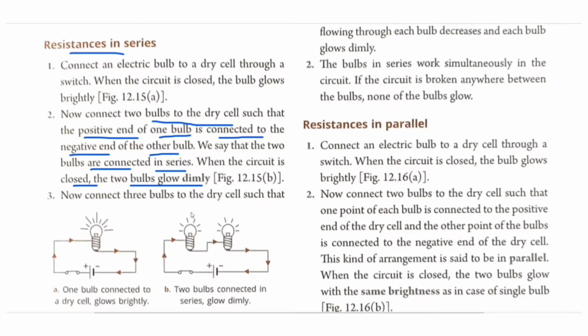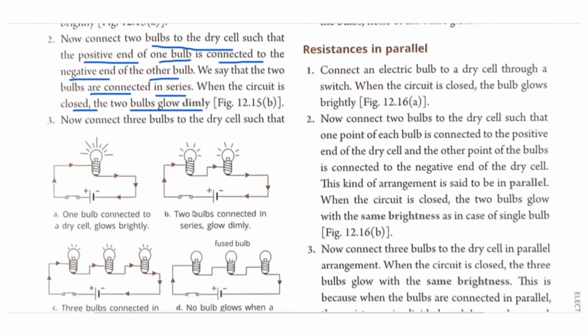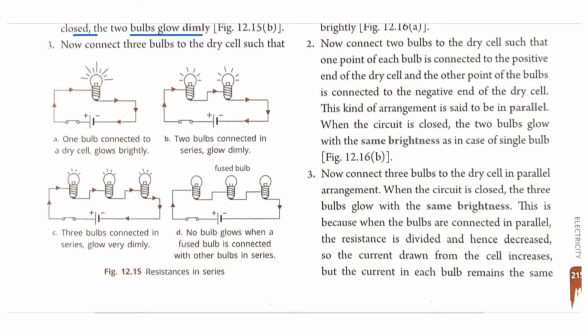Students, here you see in this picture, one bulb was connected beforehand. And the second bulb is connected to the same circuit, and see how it is connected. One brass terminal of the second bulb is connected to the negative end of the first bulb, and the other brass terminal of the second bulb is connected to the dry cell.